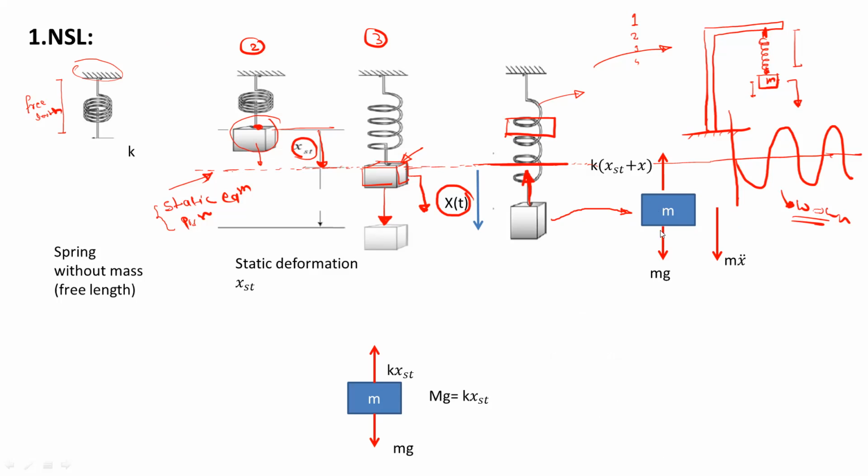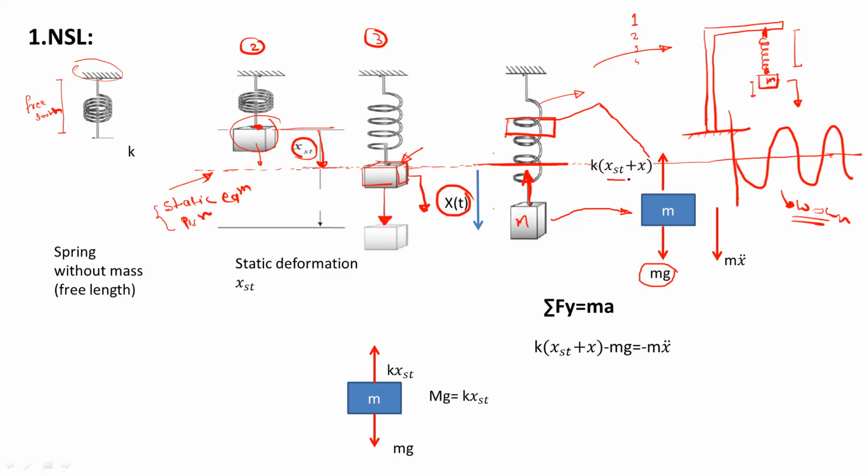The first force is mg, because of gravity. It will act in the downward direction. Now, what is the opposing force that will be provided by this spring? That force will be K into (x static plus x).